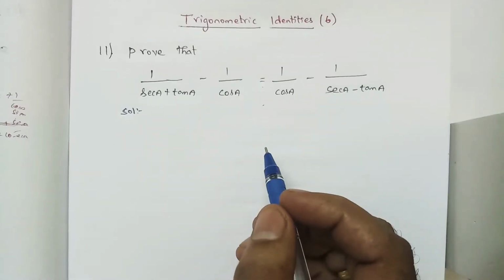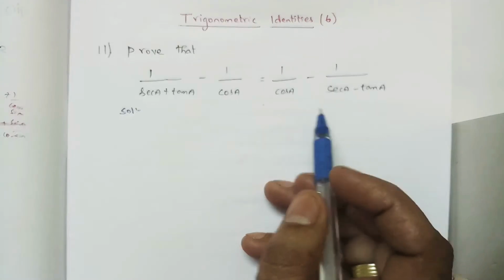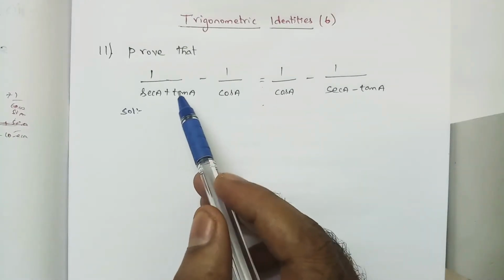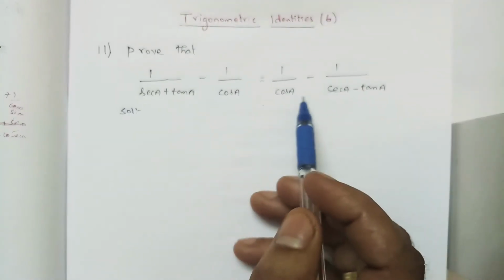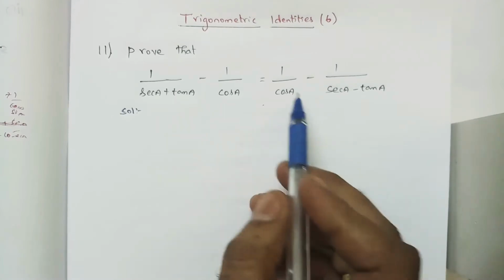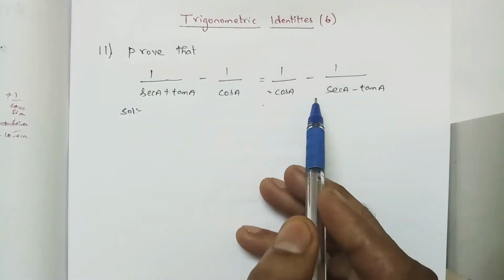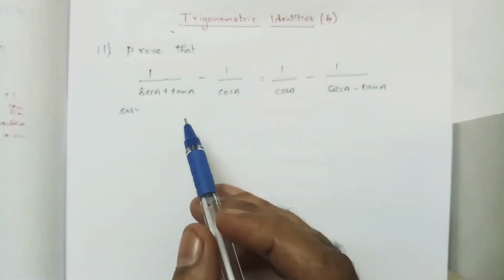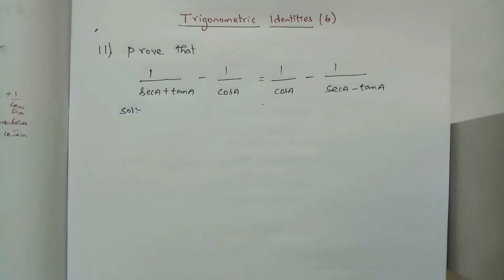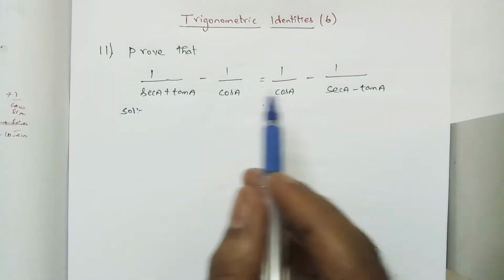So why? Because see the LHS and RHS. LHS also has two terms, more than one term. RHS also has two terms, more than one term. Just compare LHS and RHS. See, same terms but different symbols, right? Just compare the LHS and RHS.